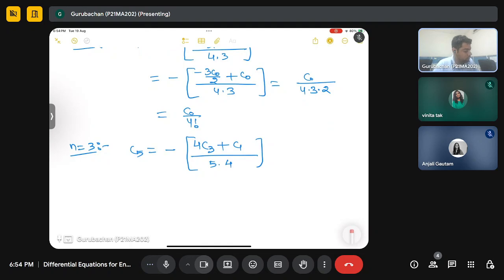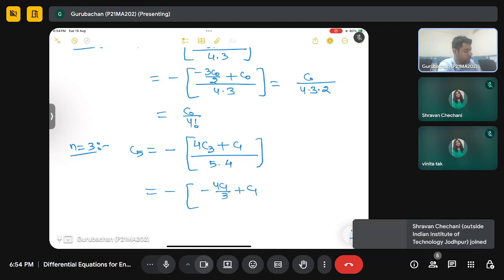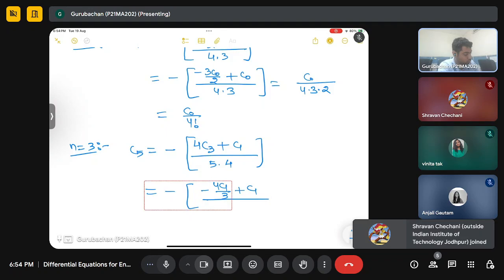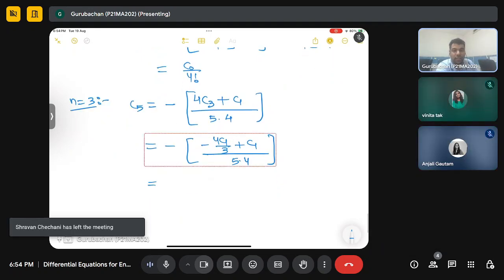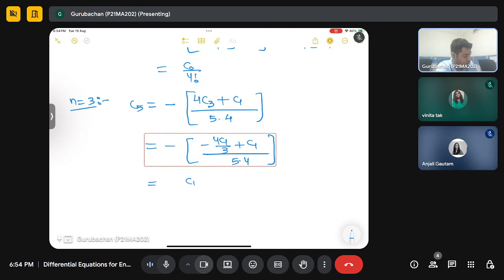So this will be minus 4 C1 by 3 plus C1 divided by 5 into 4. So this will give you minus C1 by 3, and minus minus will be plus. So this will be C1 divided by 5 into 4 into 3.